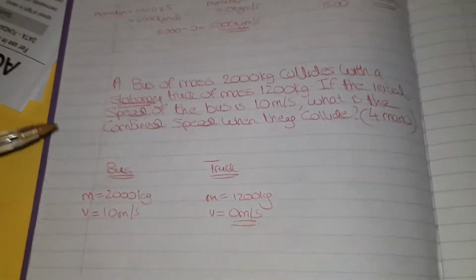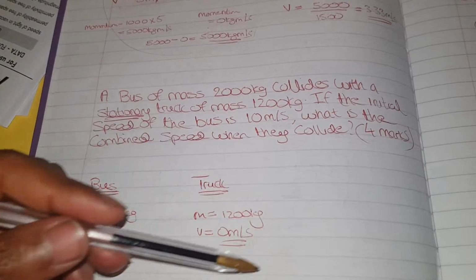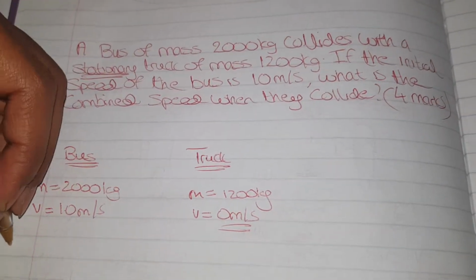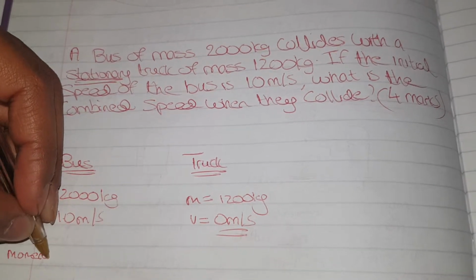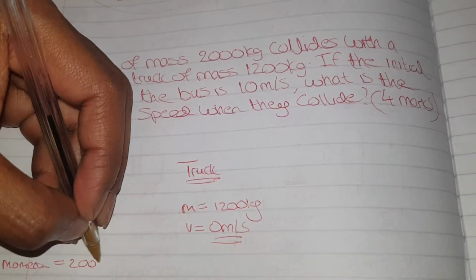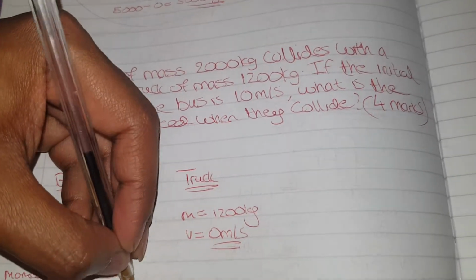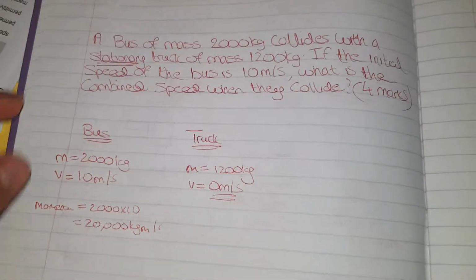So what's the first step we do? We want the combined momentum. So find the momentum of this plus the momentum of that. Momentum is mass times velocity, which is 2,000 times 10, giving you 20,000. Remember units all the time.